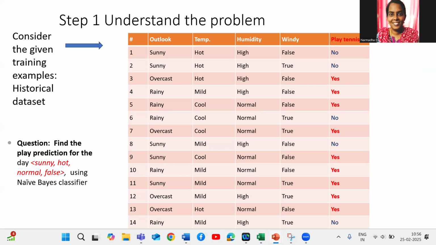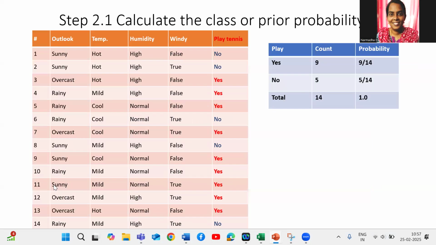You are given this problem statement, and you have to understand the problem, which comprises the training examples. The question is to find the decision whether to go and play, given the input: the day is sunny, the temperature is hot, the humidity is normal, and the wind is false, using the Bayes classifier.